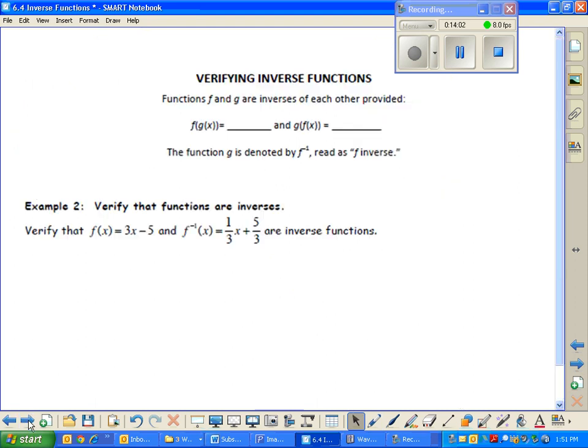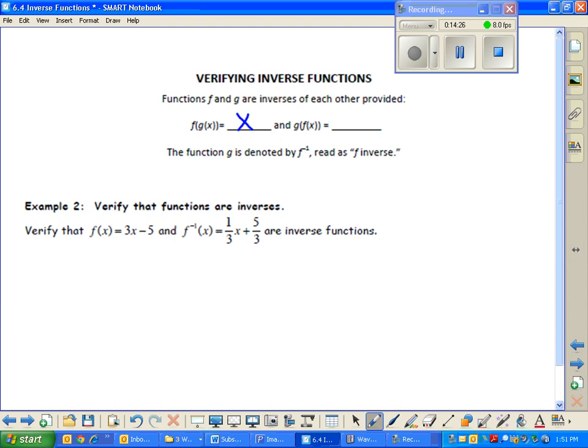Okay. The next skill you get from me is the skill of verifying inverses. This is proving that two functions are indeed inverses of one another. And here's the test or the proof that you have to do. You're going to evaluate the composite function f of g of x, and it should give you x.